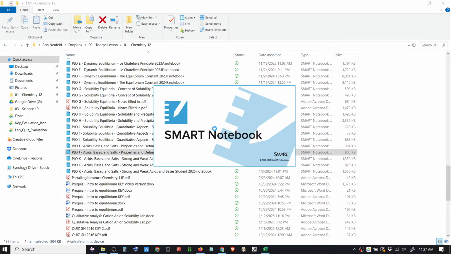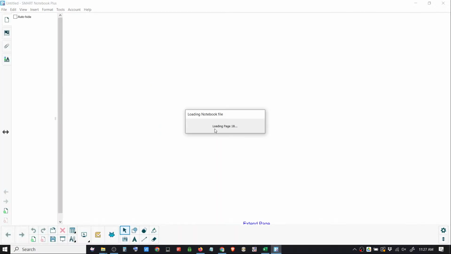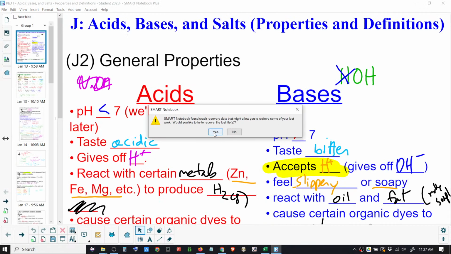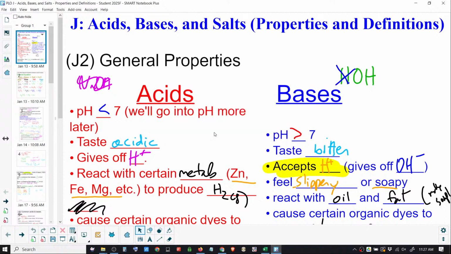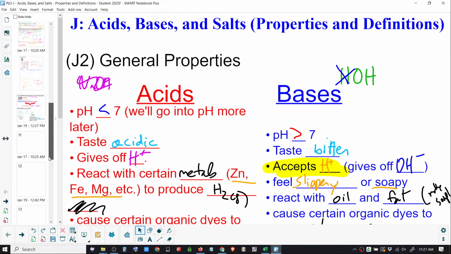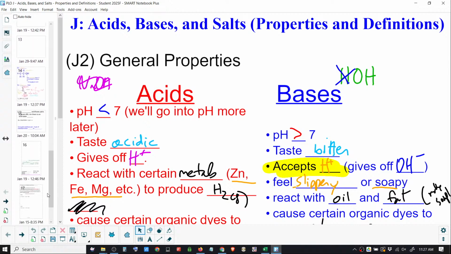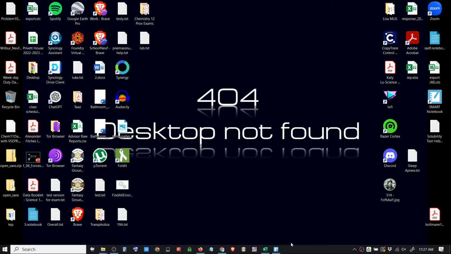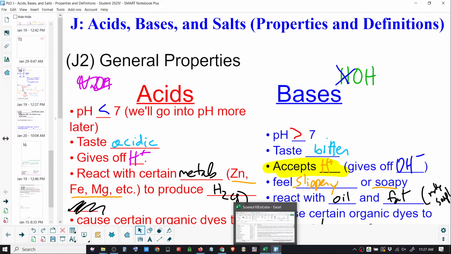Recover. Nope. No recovery. You jerk. Would you like to recover the lost file? Yes. Right, where's the lost file? Come on, lost file. Okay. I'm just going to start writing it then.